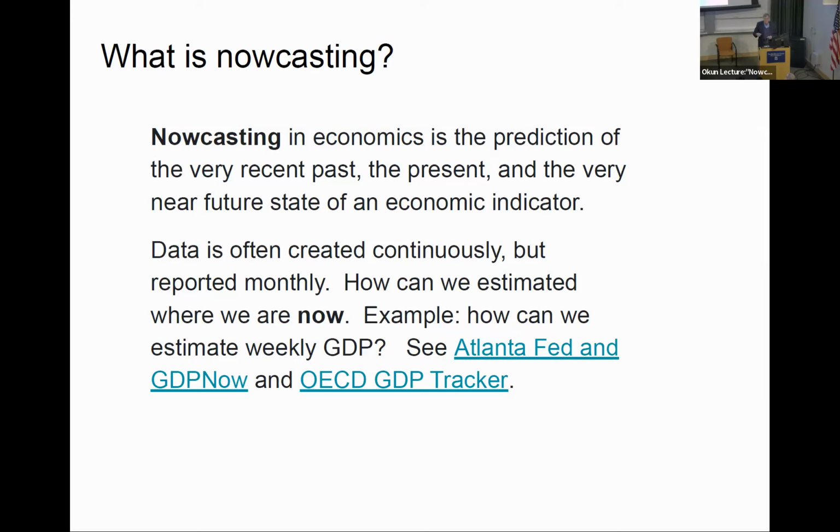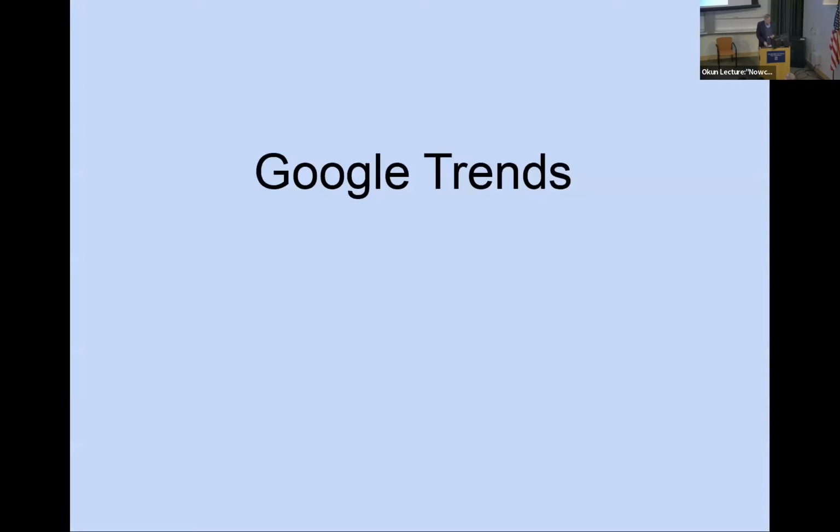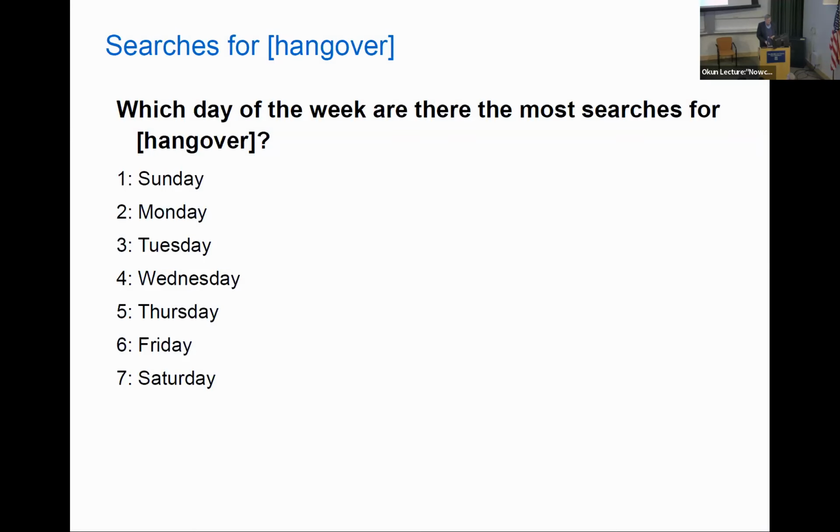That's an estimate or forecast of what will happen at the end of the quarter when the official numbers are released. And that's become a very popular sport. The Atlanta Fed and the OECD are doing a GDP tracker that allows you to look at this high frequency component.